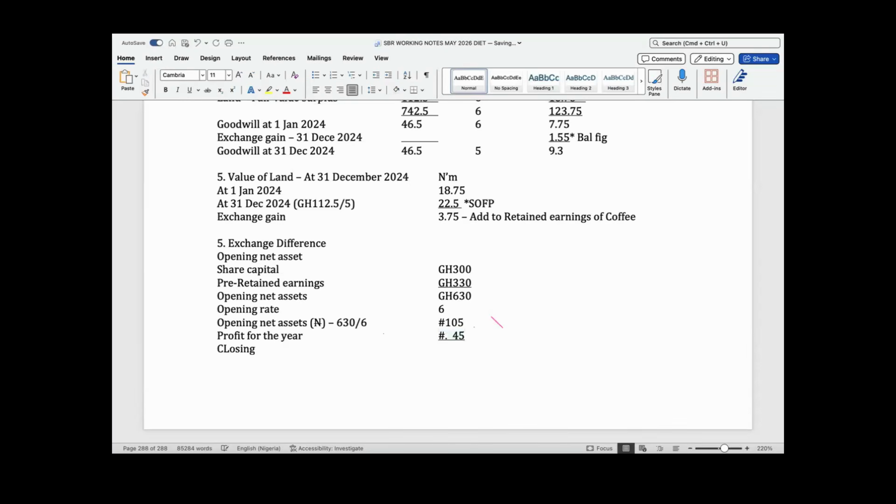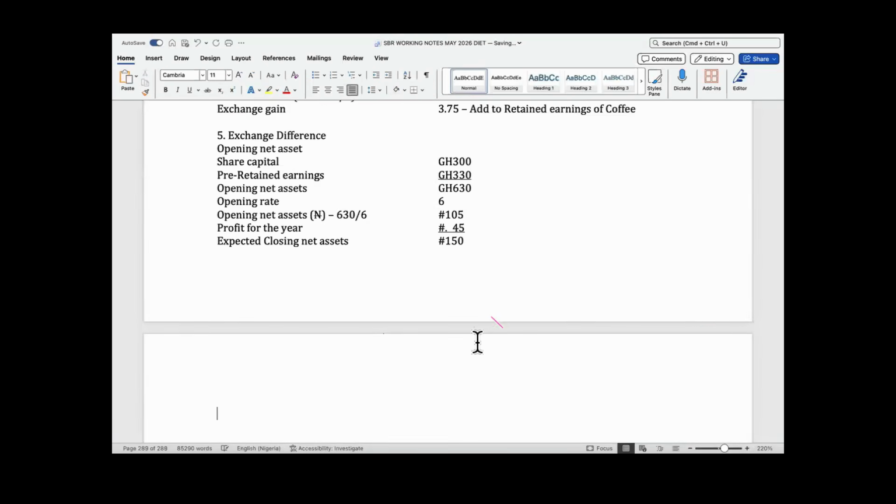I have a total, which is my closing net assets. You remember I called it expected closing net assets. How much is it? 150. And what is my actual closing net asset?